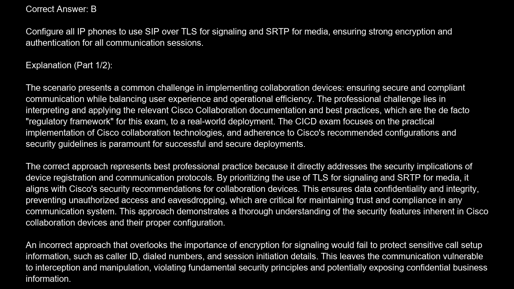This approach demonstrates a thorough understanding of the security features inherent in Cisco collaboration devices and their proper configuration. An incorrect approach that overlooks the importance of encryption for signaling would fail to protect sensitive call setup information, such as caller ID, dialed numbers, and session initiation details.